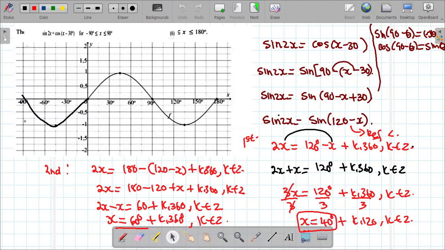What about the cos graph? Can somebody remind me the cos graph? How was the cos graph looking like? Talk to me.